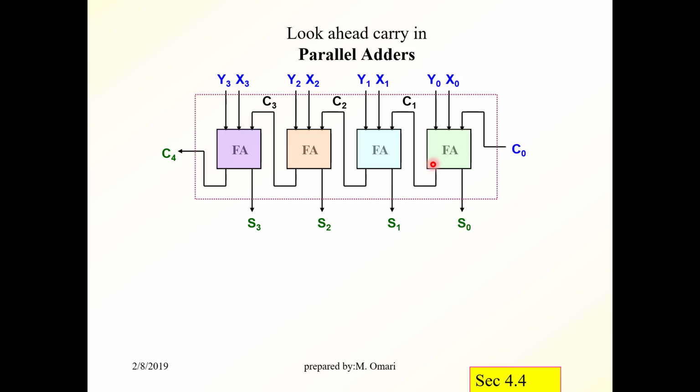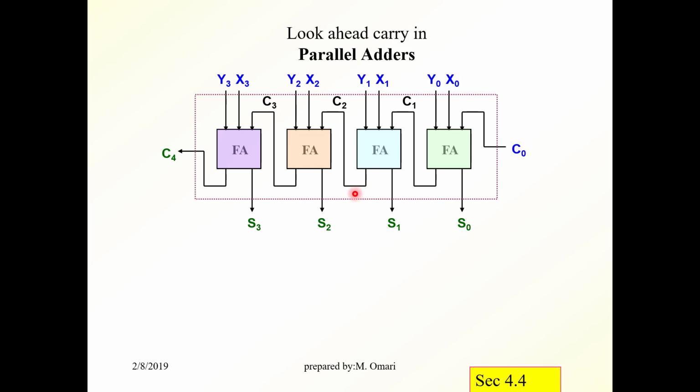Let's assume that the full adder takes, for example, 10 milliseconds to stabilize its output, that is S0. That means C1 will come out after 10 milliseconds here. Now, this full adder will have to wait for the C before it stabilizes its output, S1, even though the inputs X and Y are available. That means S1 here will be stabilized after 20 milliseconds.